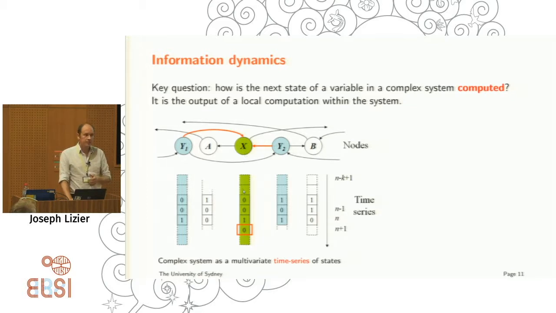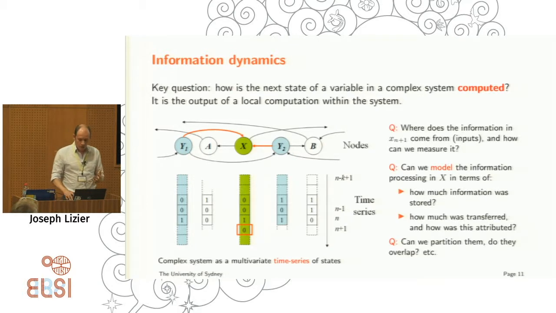You can look at their time series of activity in that way, and then we're going to look at how they're interacting. You could look at neurons in a neural network and whether they're spiking or not at different points in time as a time series of activity there, and then look at how they're interacting and so on. Once we have a system like that that's in scope for us, what we're doing is we're asking about how the information in one specific value in time in one variable, where the information comes from, where that value was computed from.